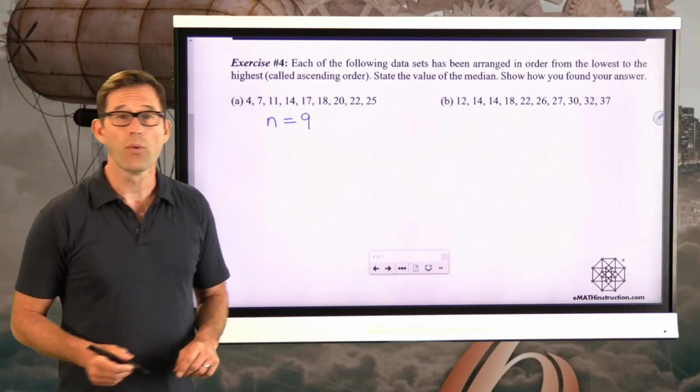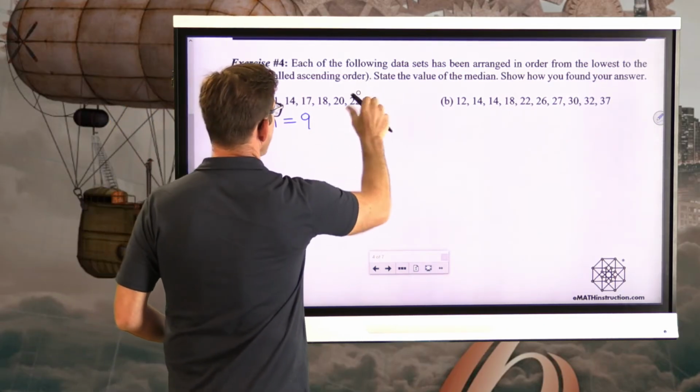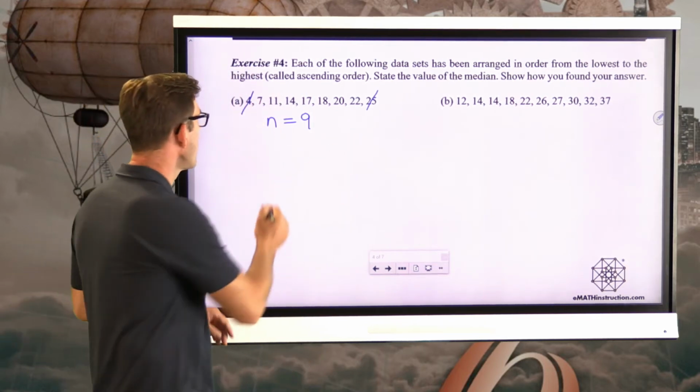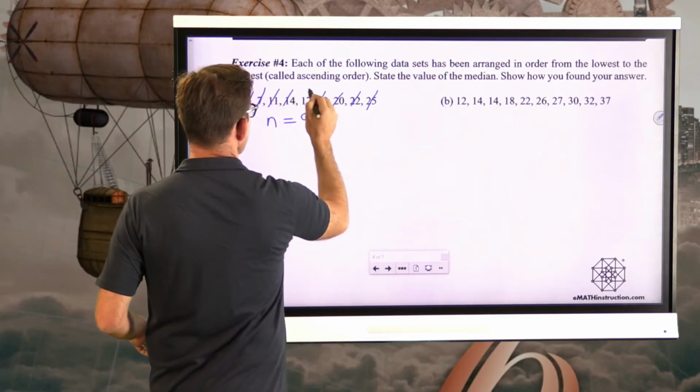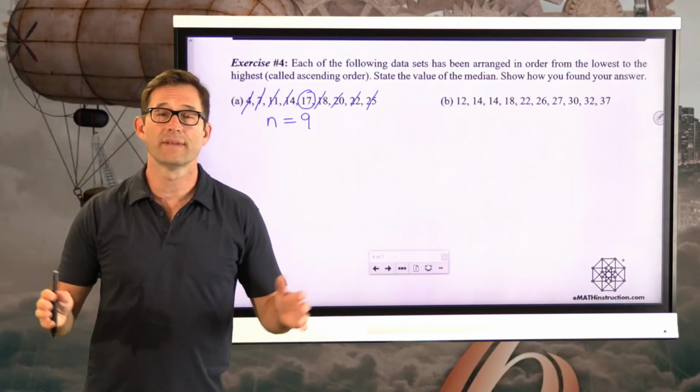One way that people will find it is they'll literally start crossing off data points from the beginning and end. In other words, those two get crossed off, those two, those two, those two, and there's your median. Now, that works fine enough.